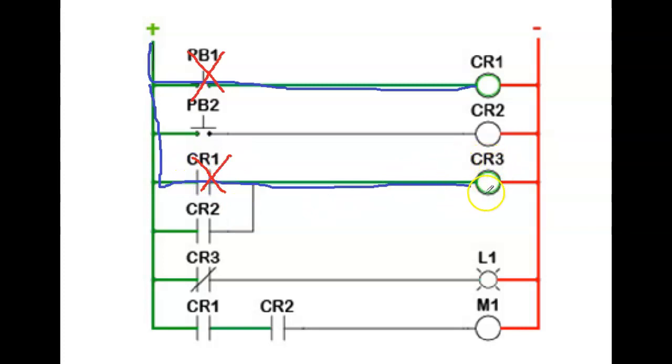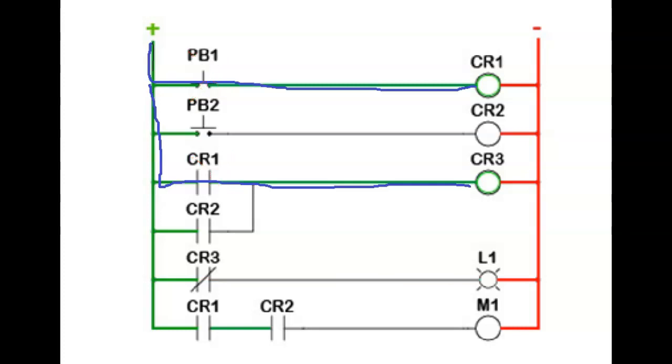And that means CR3 is no longer going to be energized. And when CR3 is not energized, that means we're going to have movement through here and turn on L1. So it's similar to reading a book, left, right, up, and down, and following the signals, following the paths.